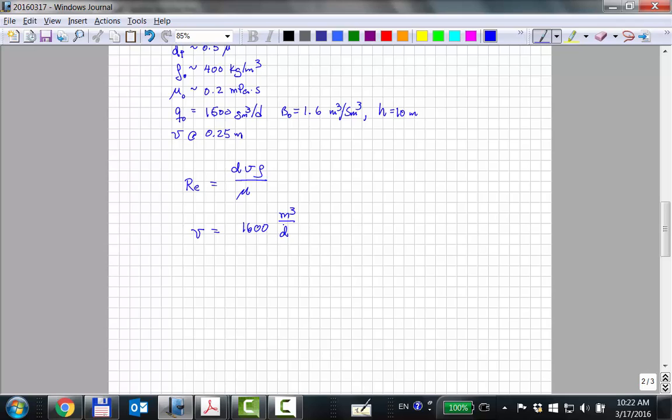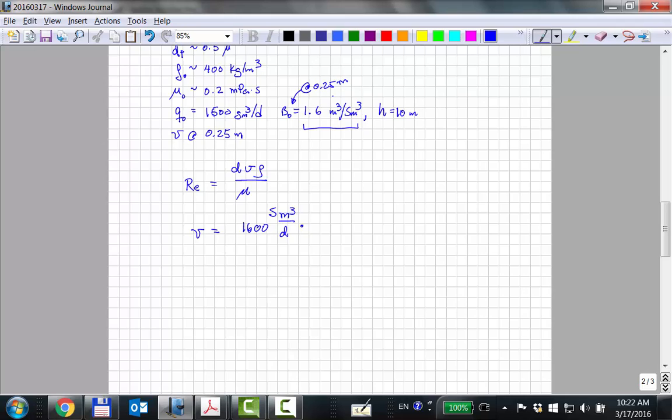It is standard, so you have to convert with the formation volume factor, which gives us the equivalent down in the reservoir at pressure 0.25 meters away from the wellbore.